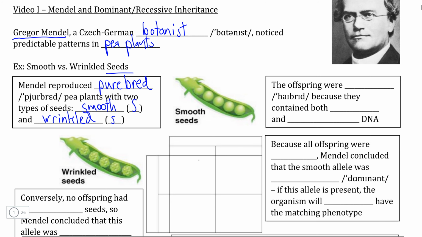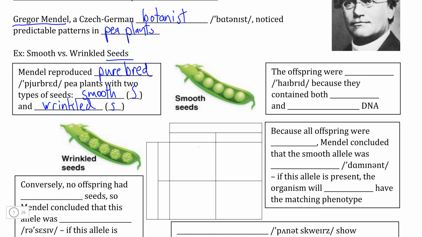short form little s. Now, what he would do is he would actually take purebred smooth strains and purebred wrinkled strains and have them reproduce with each other in order to create hybrid strains of pea plants, in that they contain both the DNA from the smooth-seeded pea plants and the DNA from the wrinkled seeded pea plants.